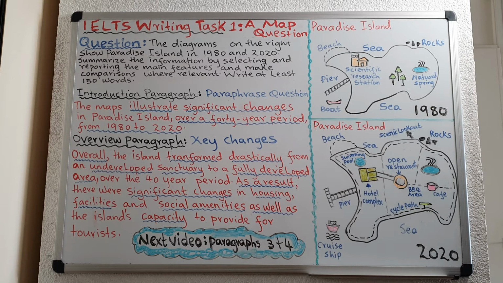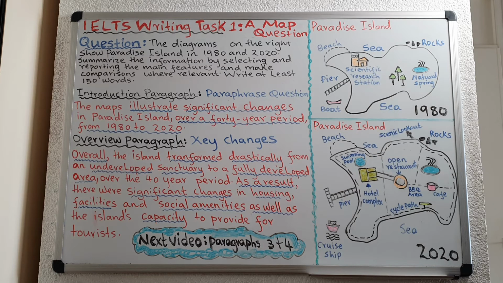Now, when you look at the island in 2020, you notice that there are a lot of changes. First of all, you notice that there is a hotel complex, you have a swimming pool, you have an open restaurant, you have a barbecue area, you have a cafe, you have a cycle path, you have a cruise ship, you have a scenic lookout, but you still have the sea, the rocks, the natural spring, and the pier.